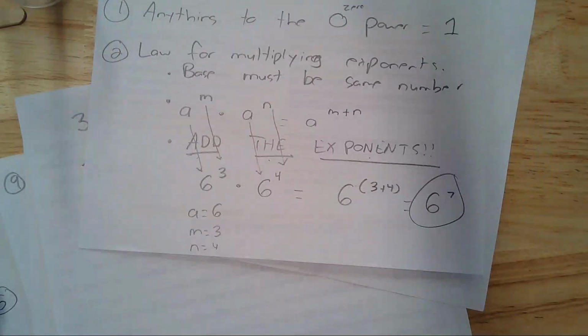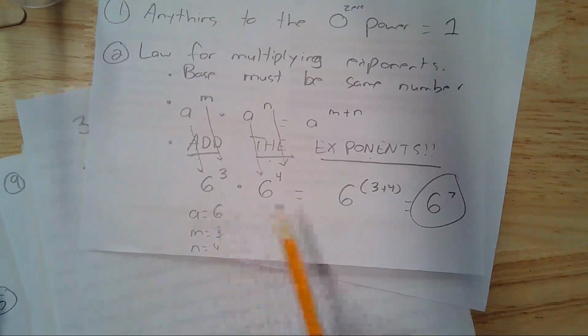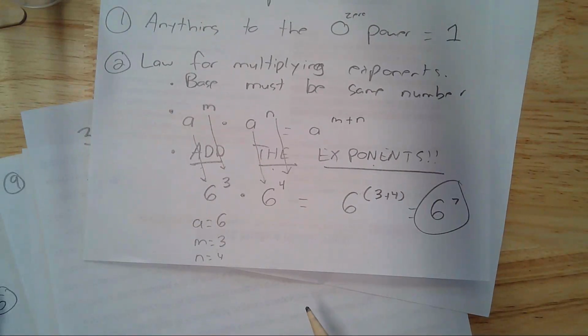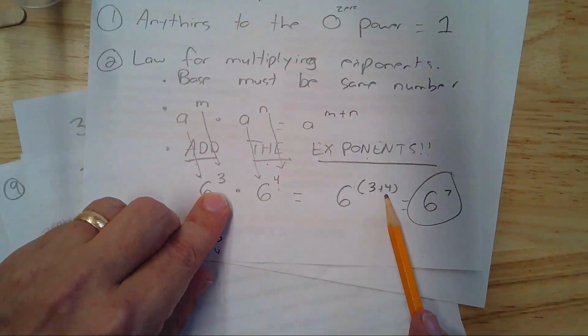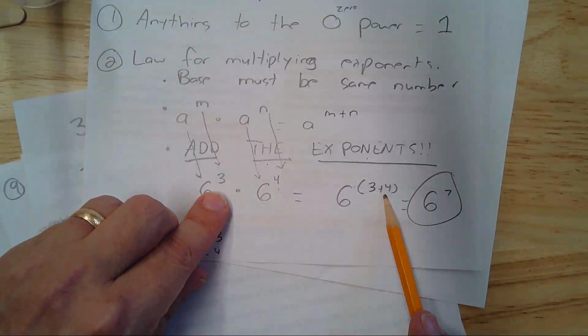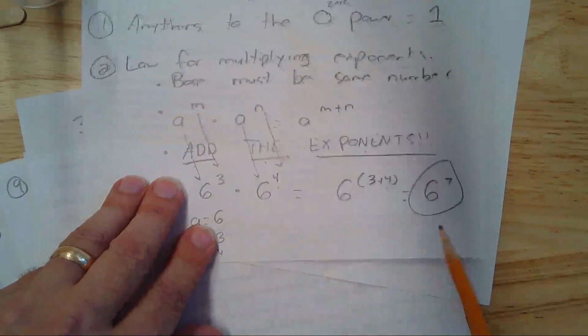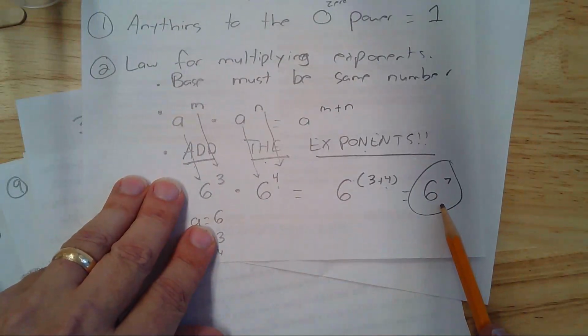You added them. What's 3 plus 4? 7. So then my final answer for 6 to the 3rd times 6 to the 4th was 6 to the 7th.